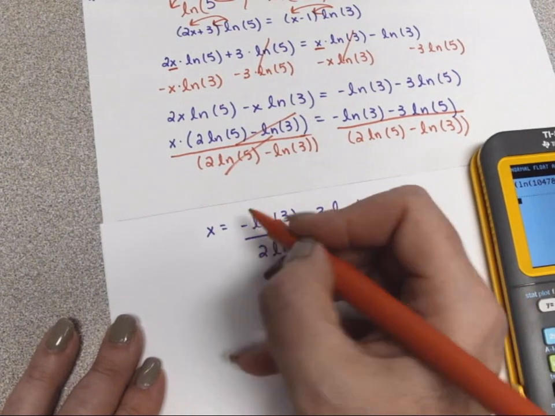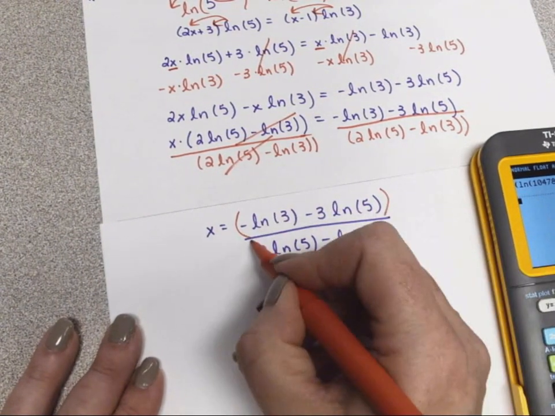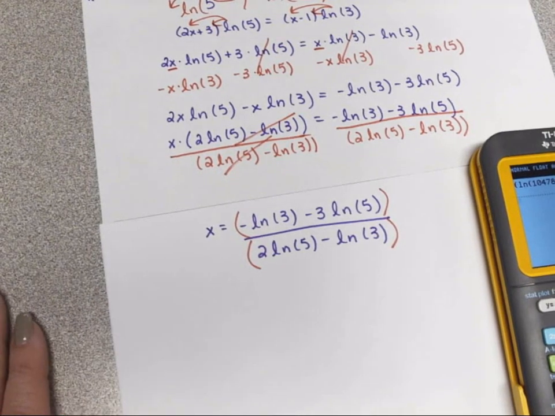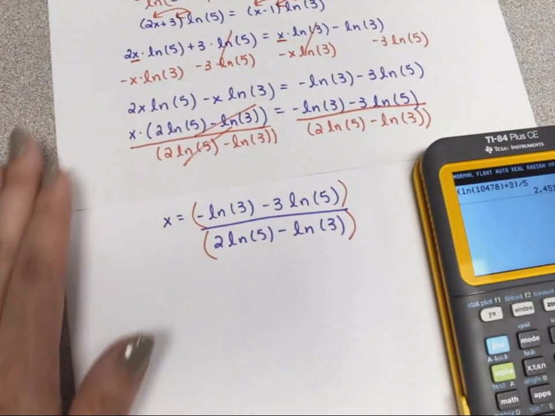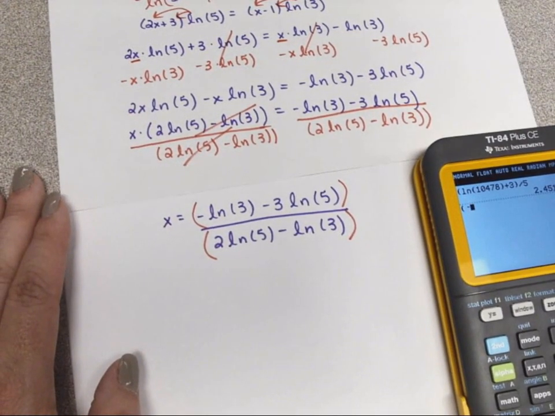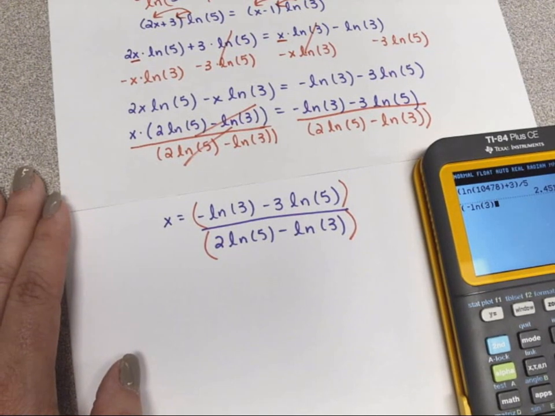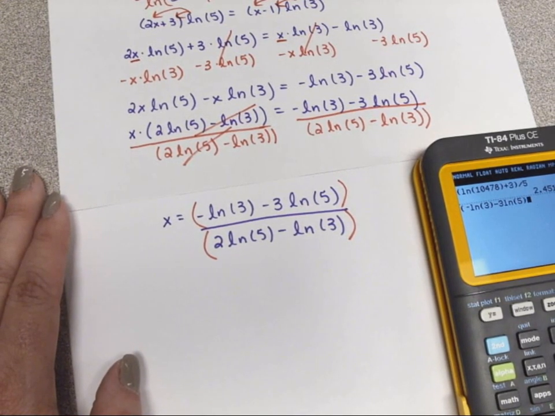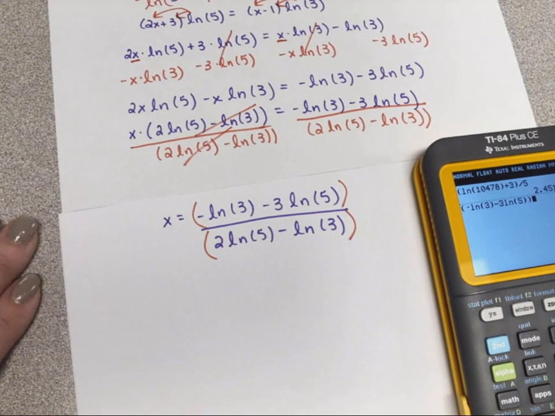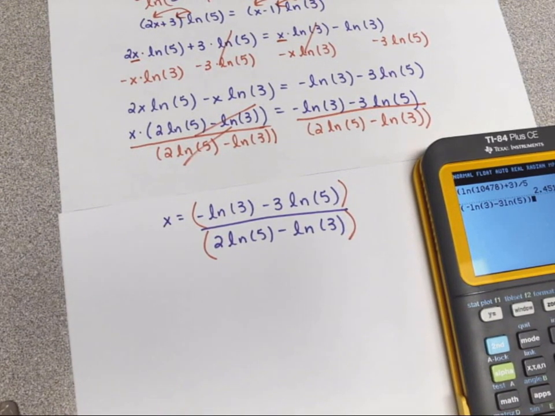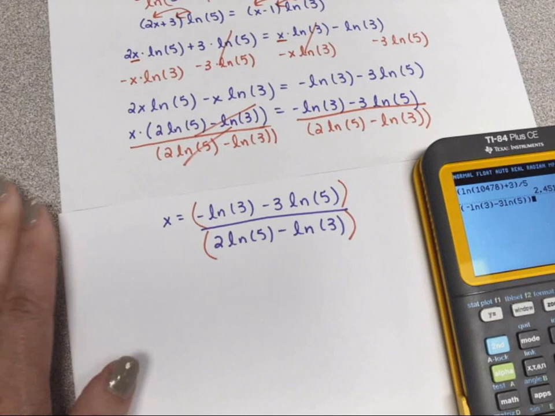Just make sure when you do more than one piece on top and more than one piece on the bottom, they both definitely need their own set of parentheses. So it's going to be negative ln of 3 minus 3 ln of 5. Make sure if you didn't bring a calculator today that later on you practice punching this in. It's not the same as watching me do it.